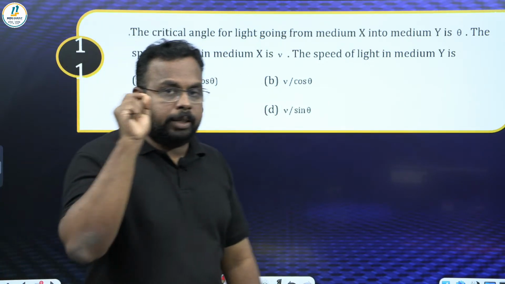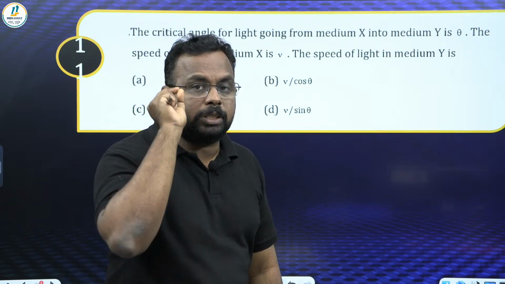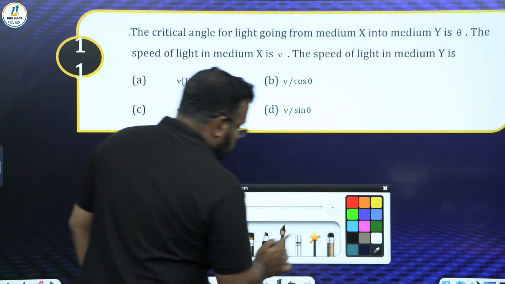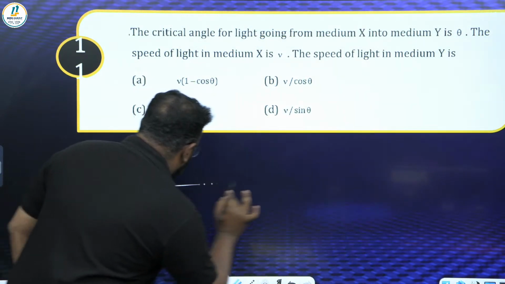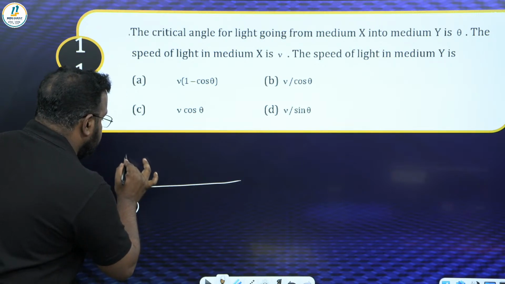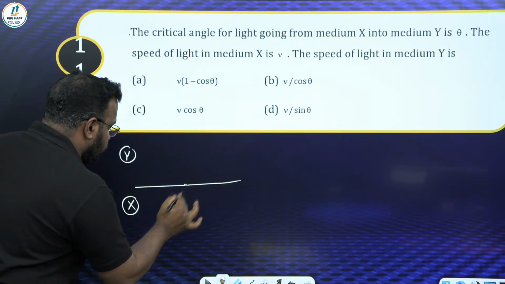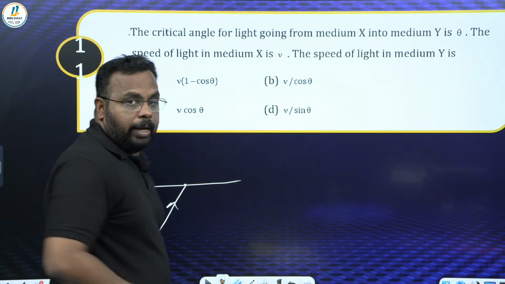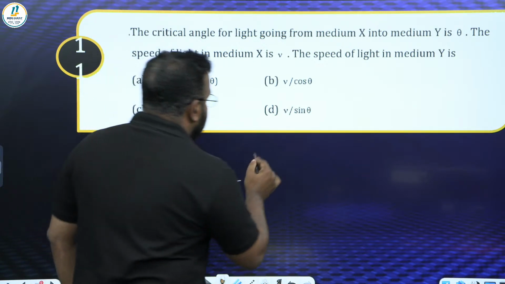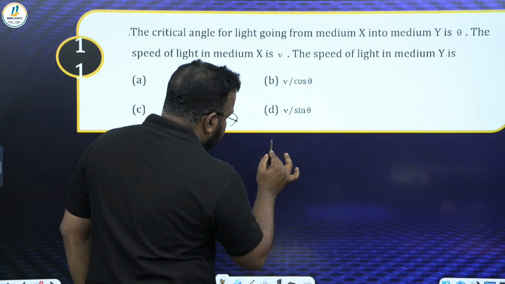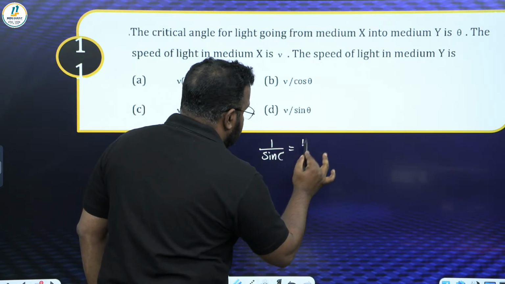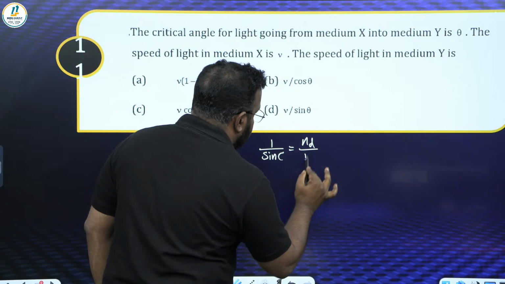Medium X to medium Y means you can understand which is denser. X is denser. So I'm just separating the two media. This is medium X and this is medium Y. The ray is traveling from where? X to Y. So we have a formula for the critical angle: 1 by sin C is equal to ND by NR.